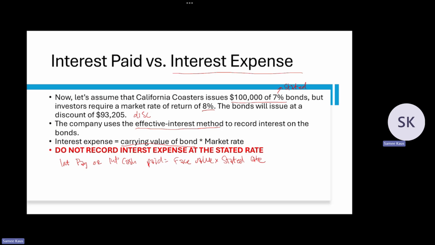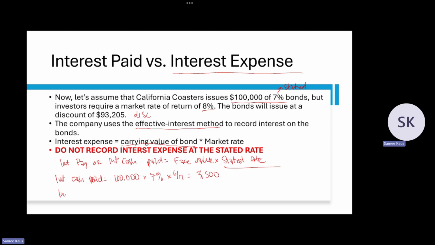So how much cash interest am I paying? I grab my 100,000 and multiply by the stated rate of 7%. And I pay semi-annually, so I have 6/12. So I have a total interest paid of 3,500. That should look familiar to you.